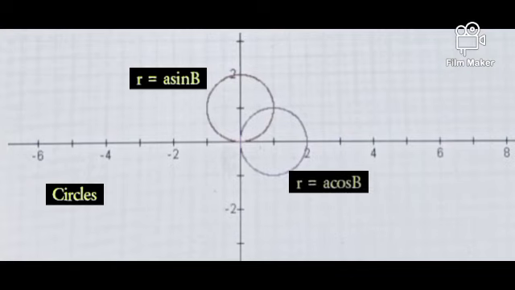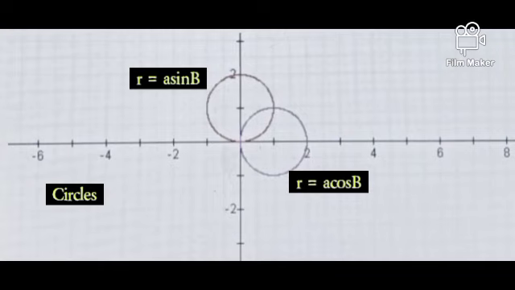Now consider the circle shown in the graph passing through the origin or the point (0, 0) and symmetric with the horizontal axis. This circle has polar equation of the form r equals a cosine b.